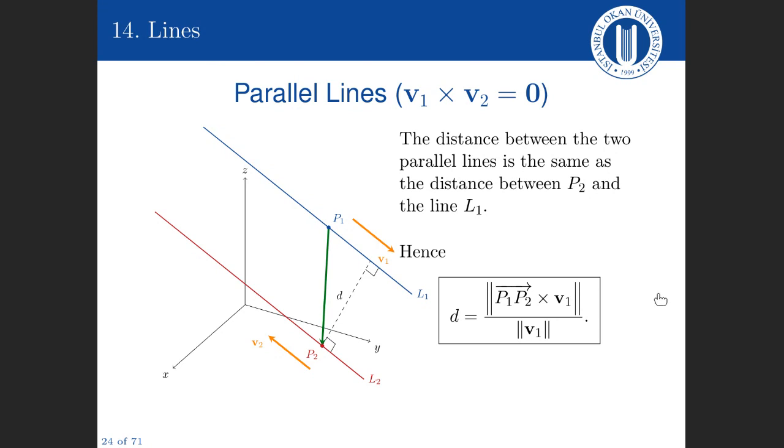The distance between two lines is the same as the distance from the point P2 to the line L1. We already have a formula for the distance from a point to a line. We use the same formula again. The distance between these two lines is the norm of P1P2 cross V1 divided by the norm of V1.